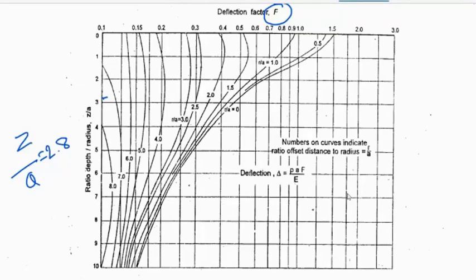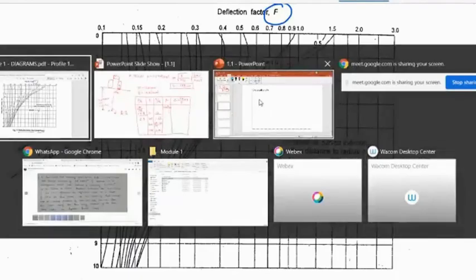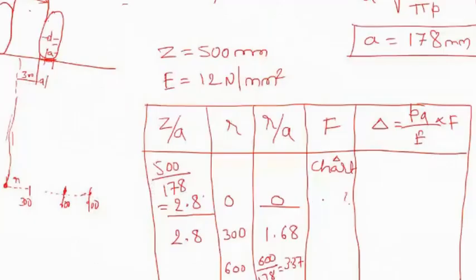Where it is cutting, nearly this point, this is 0.5 or 0.49. Come along this line, go vertically up. On the x-axis we get deflection factor F equal to 0.5. Just note it down in our calculation table. If you want, you can write 0.48 or 0.49. That's no problem, a slight difference will be there.